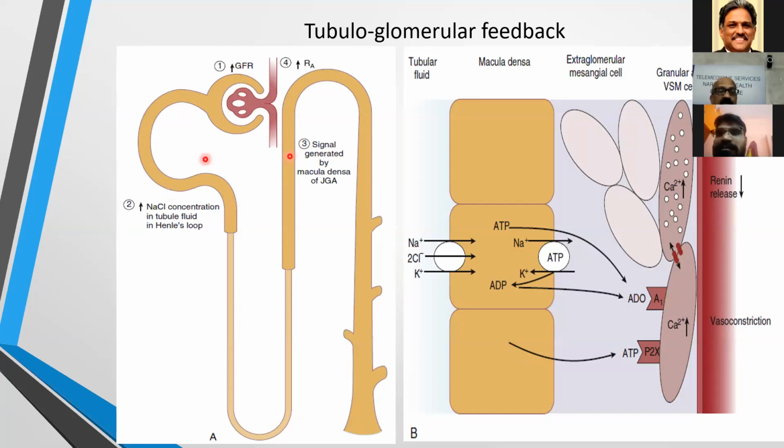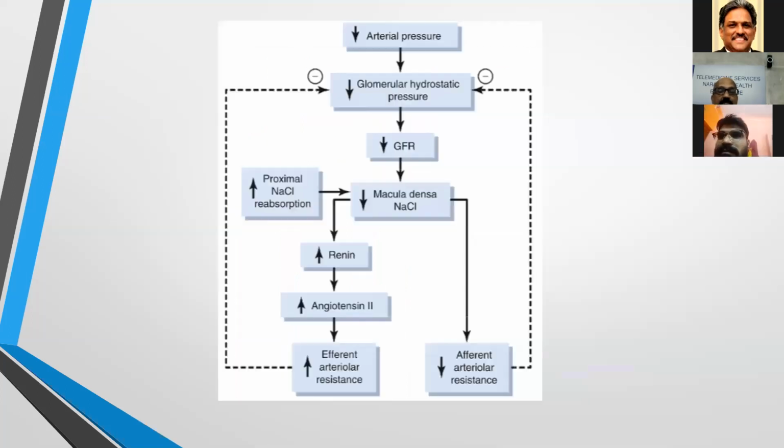As we said, the cells in the macula densa are chemoreceptors, and hence they cause afferent arteriolar constriction and reduce the glomerular filtration rate, and maintain the fluid and electrolyte concentration of the body fluids, especially the blood, within a narrow range, which is necessary for functioning of the tissues.